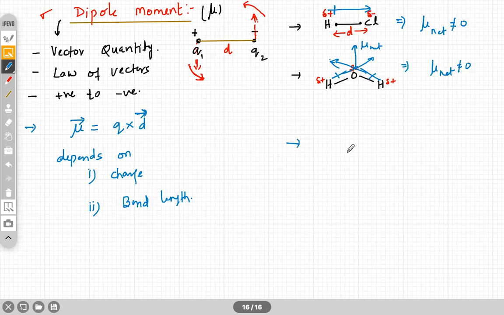BF3. Do we have net dipole moment in BF3? Could you tell me? The structure is this. BeF2. Do we have dipole moment in BeF2? You just have to check whether it is 0 or not equal to 0.